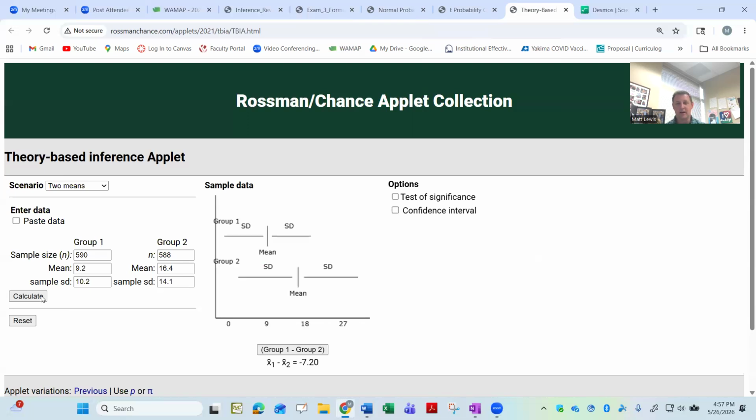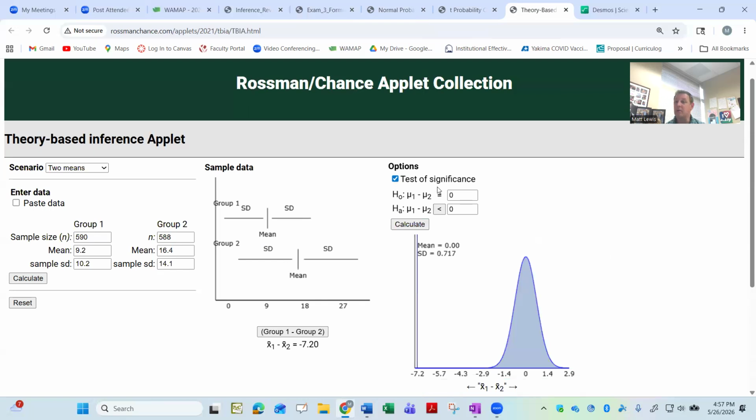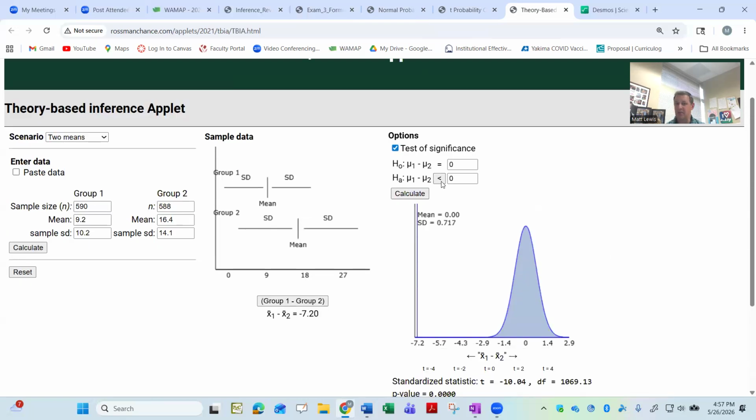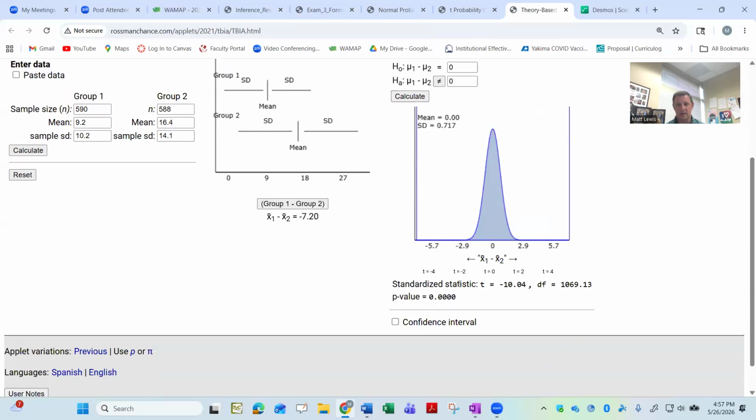Remember always to hit calculate afterward, and then we go with test of significance. And then remember, your job is to make this match up with your alternative. So you use not equal to the alternative, so make sure that's not equal to. And look at this. You get a test statistic of negative 10.04 and a p-value of 0, right?